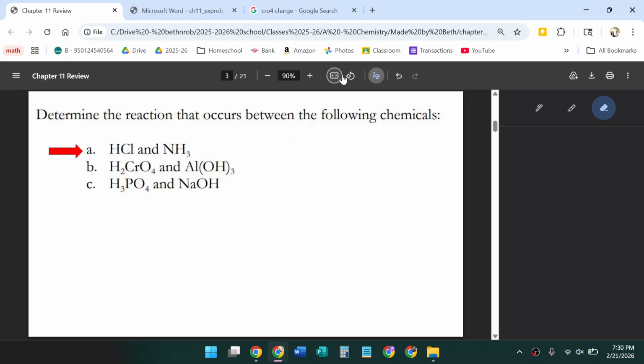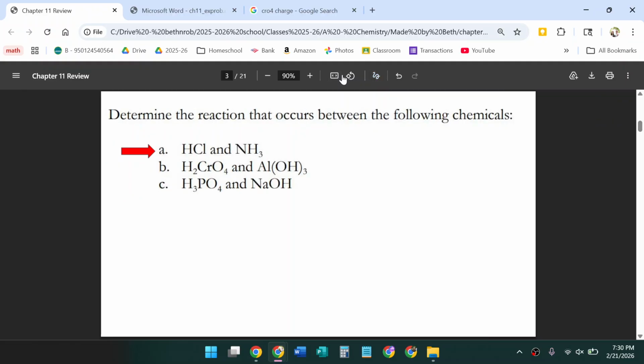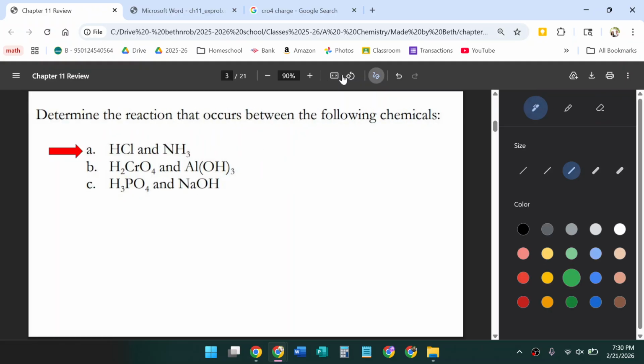So the first one we're going to do is the HCl and the NH3. They give you the reactants. They want a reaction, so we're going to combine these in some way. This is an acid-base chapter, so we're looking for the acid and the base. Well, here's an H right here.